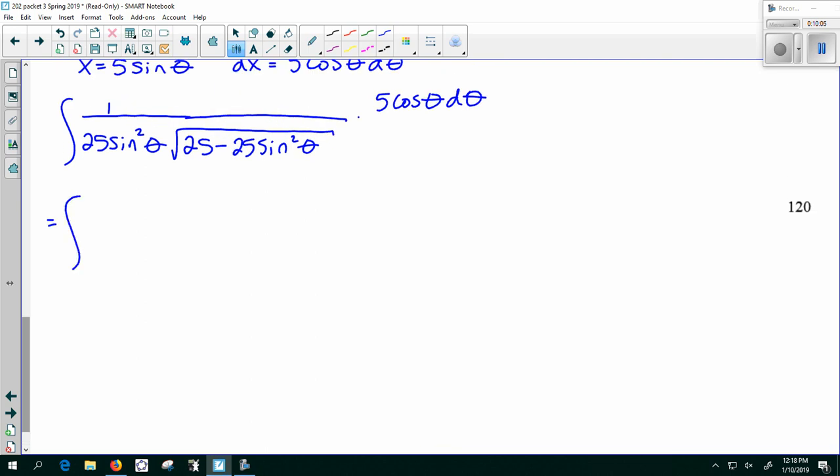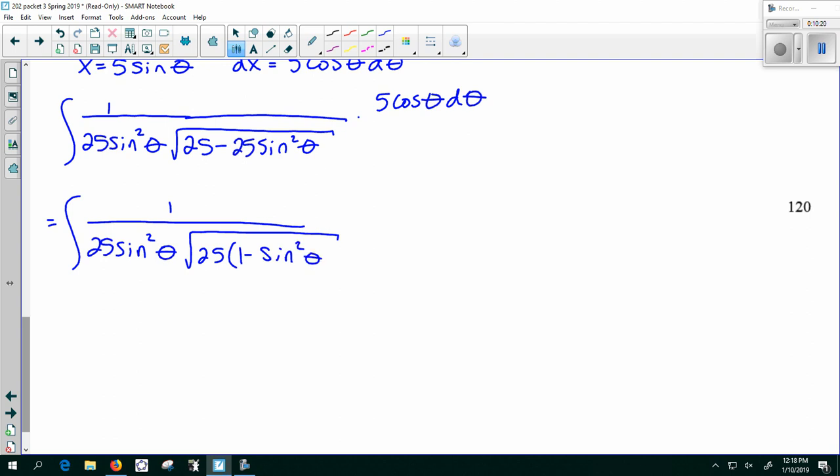This becomes the integral of 1 over 25 sine squared theta times the square root. And now I'm going to factor out a 25. So I have 1 minus sine squared theta under the square root times 5 cosine theta d theta.